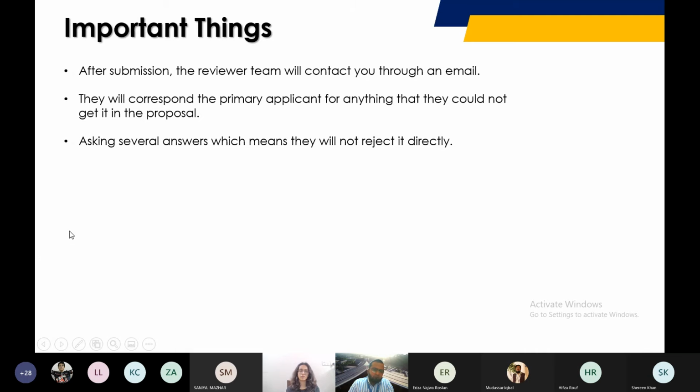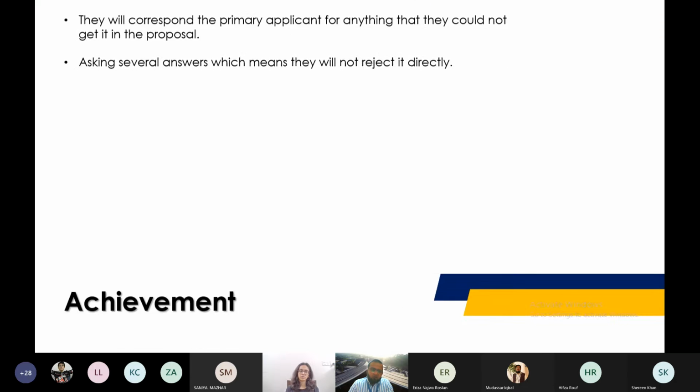So it's better to provide the email address of the person who is very active via email and can address the queries in a better way. Last but not least, asking several questions means they will not reject it directly.